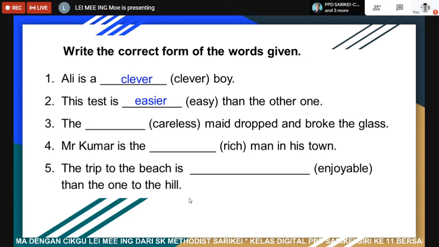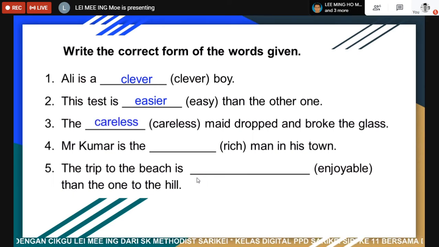Question number 3. The careless maid dropped and broke the glass. The given adjective here is careless. What is your answer? Answer please in a few seconds. Alright, so number 3, the answer will be careless.